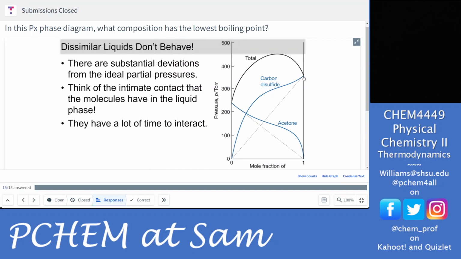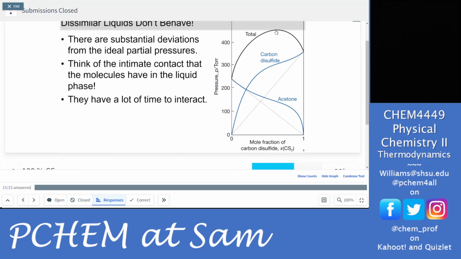Certainly carbon disulfide has a higher vapor pressure, so it would boil at a lower temperature. But look at this mixture right there: that has the highest vapor pressure. So that composition would be the earliest boiling, the lowest boiling point. Roughly 67%, so two-thirds carbon disulfide would have the highest vapor pressure, and that mixture would have the lowest boiling point.